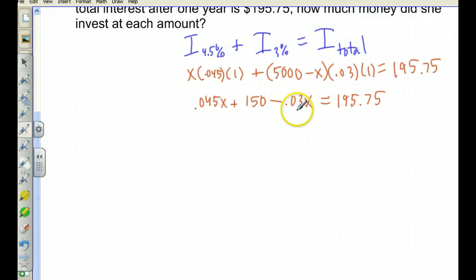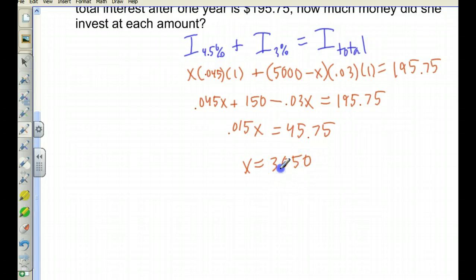When we combine like terms here, I get 0.015x. Subtract 150, I get 0.015x equals 45.75. I'm going to divide 45.75 by 0.015. I get x equals 3,050. Now remember, x represented in dollars the amount invested at 4.5%.